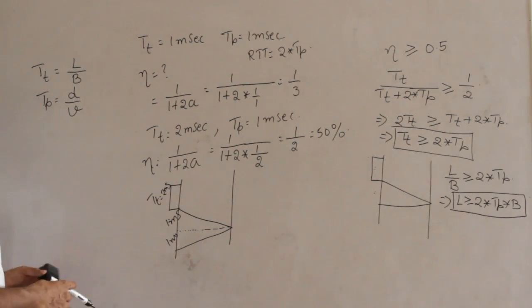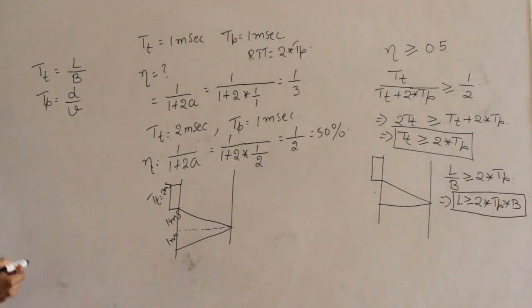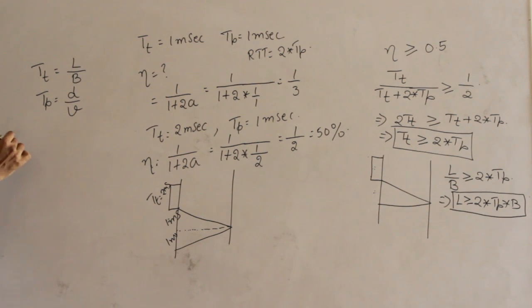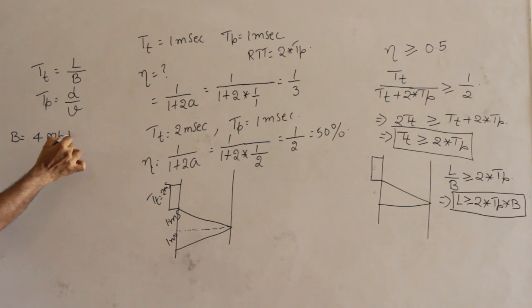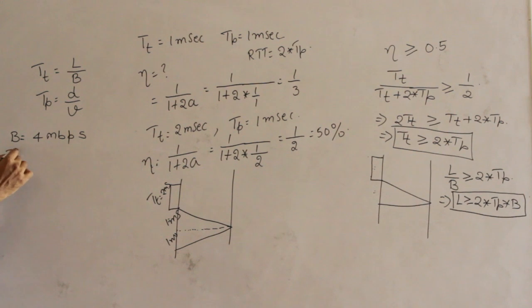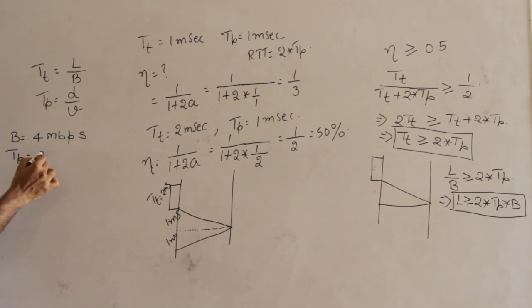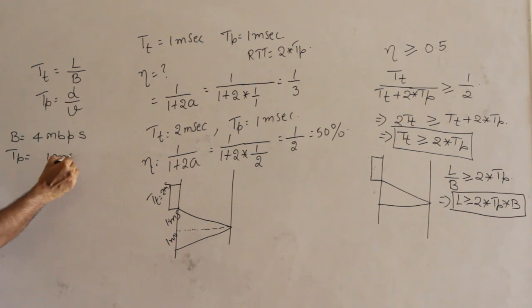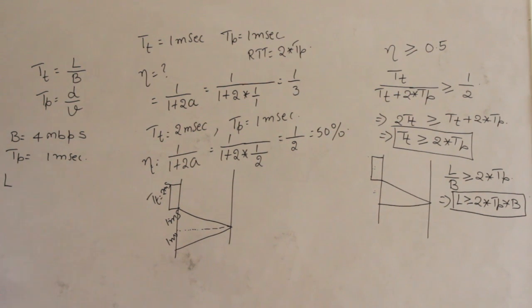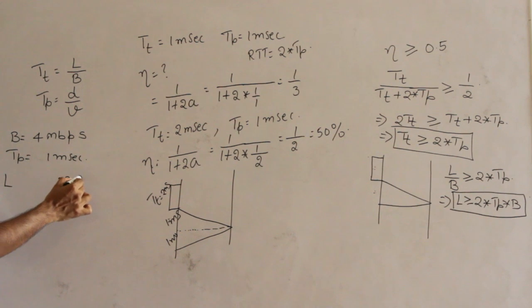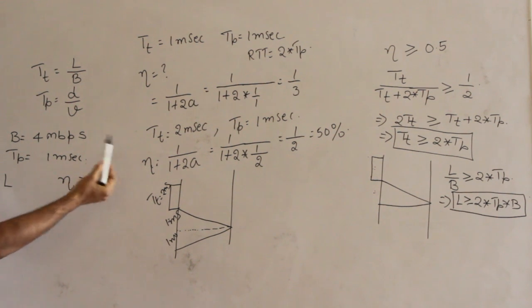example. If it is given that bandwidth is 4 Mbps and propagation delay is, let's say, 1 millisecond, then what is the length of the packet so that efficiency is at least 50%?